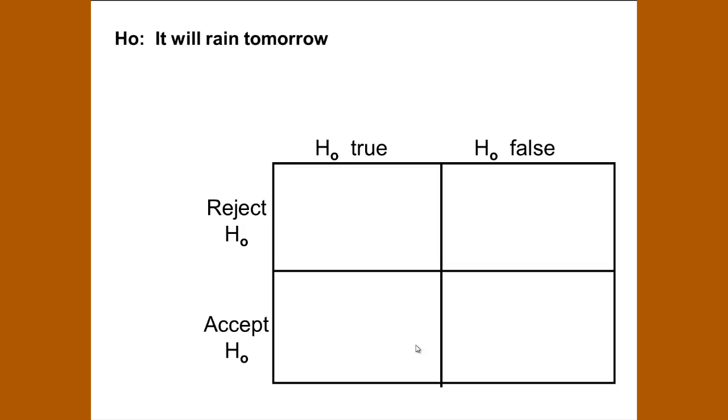Let's first look at what our decision would be. We've made an assumption. It will rain tomorrow. One of two things can happen. It will either rain tomorrow or it will not rain tomorrow.